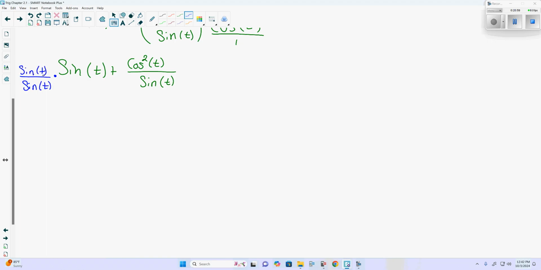And to do that, well, our first one does have a denominator, but it's 1. So to get it to have sine of t, I've got to multiply top and bottom by sine of t. And doing that will give me a denominator of sine of t. And the numerator, sine of t times sine of t, is sine squared of t.